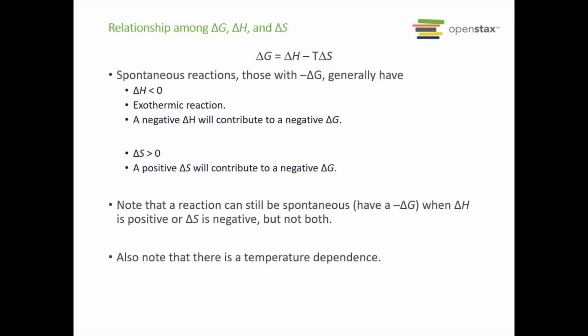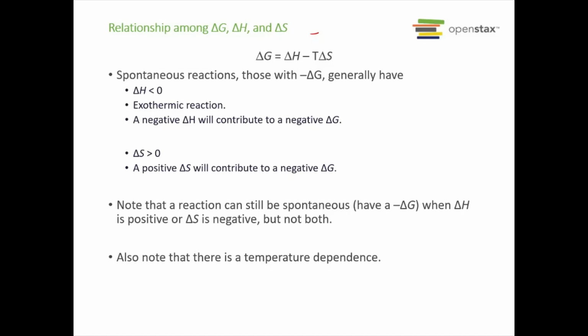So spontaneous reactions, which means they have a negative delta G, generally have a delta H less than zero. They are exothermic reactions. And when you have that negative change in enthalpy, you have this contributing to a negative delta G. You also tend to have a delta S greater than zero, a positive change in entropy, so that way this negative T delta S stays negative.